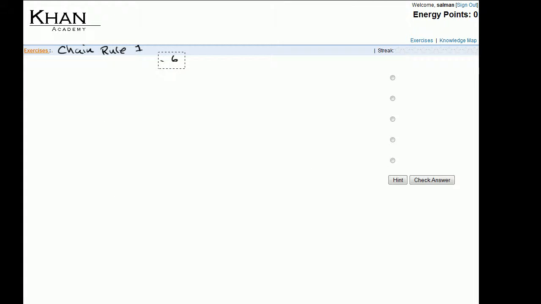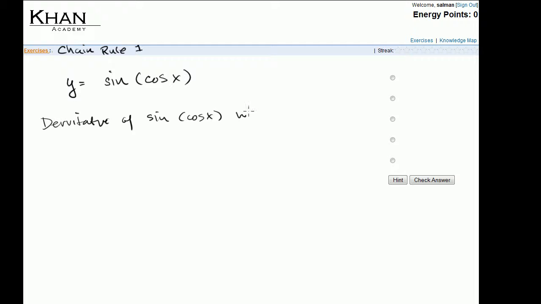In general, we only want 2 levels of the chain rule at this point. So we could do something like y is equal to sine of cosine of x. And there, once again, the first hint is the derivative of sine of cosine of x with respect to cosine of x is cosine of cosine of x.